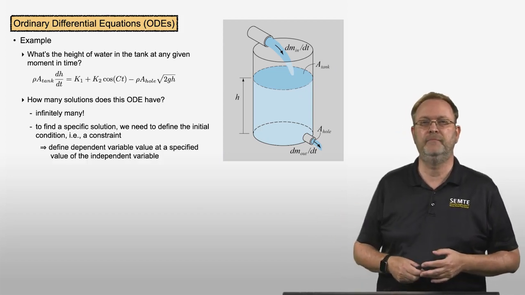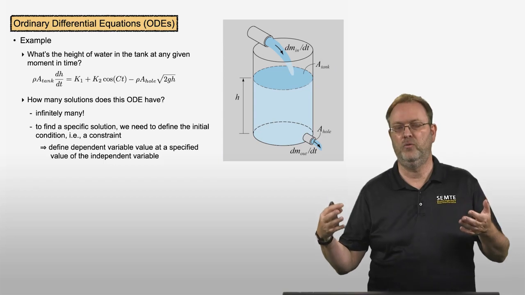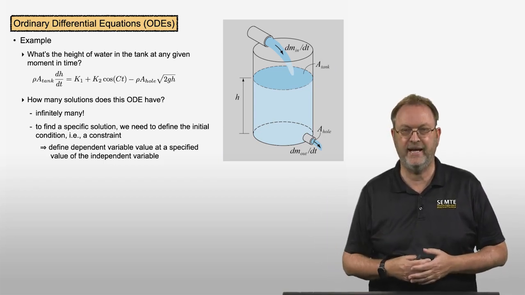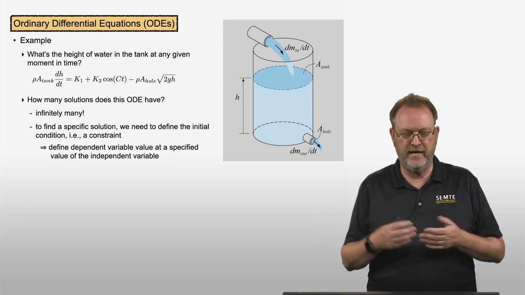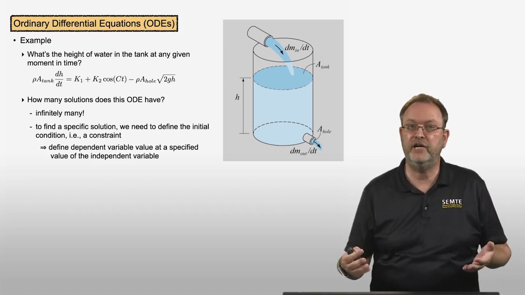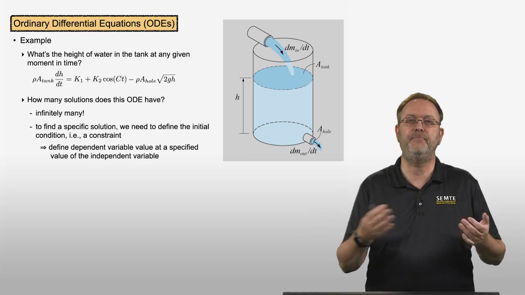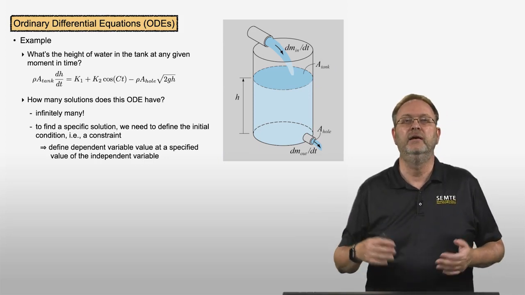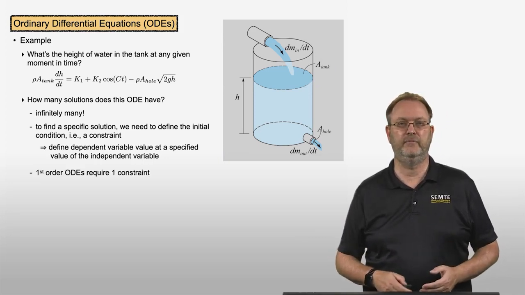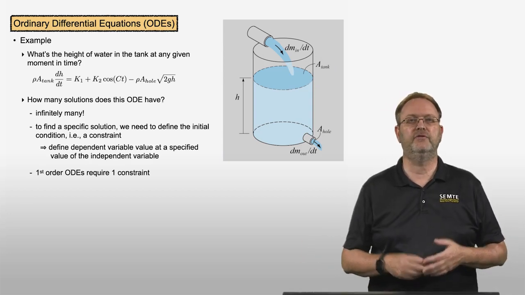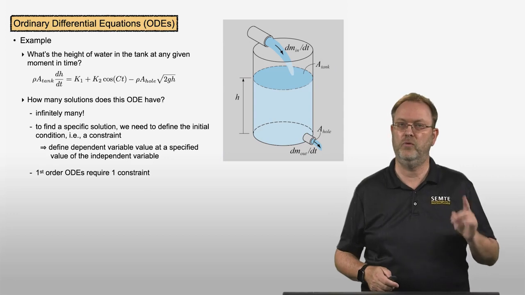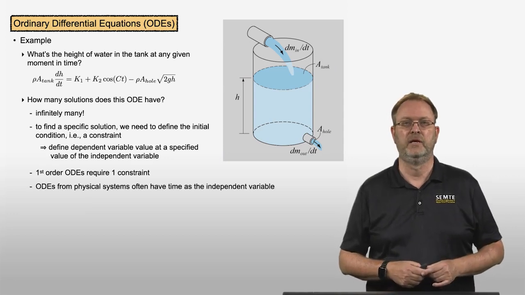Well, it's basically what is the height of water inside of the tank at a known moment in time. So we have to define the dependent variable value at a specified value of the independent variable value. Now, this is a first order ODE, so this will require just one constraint.